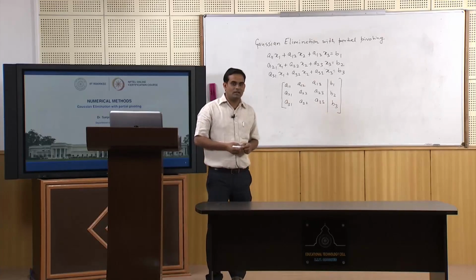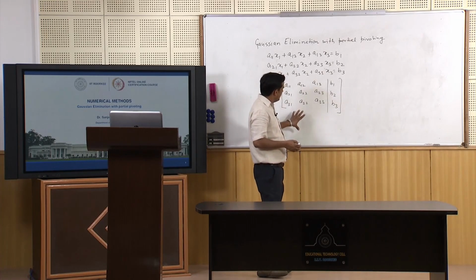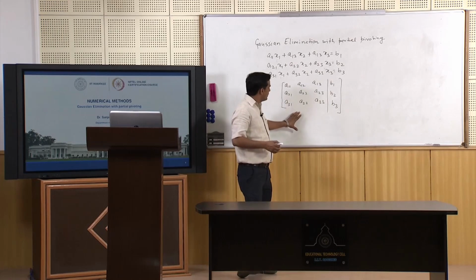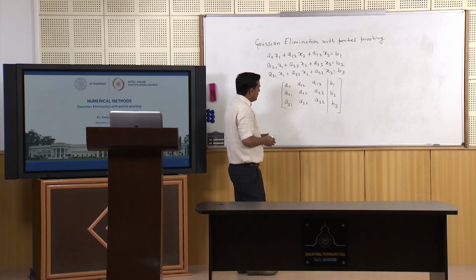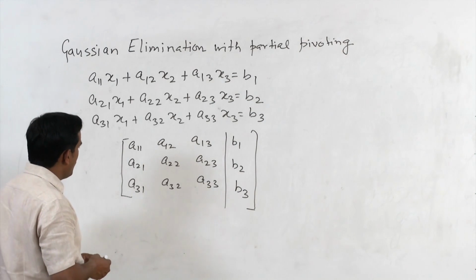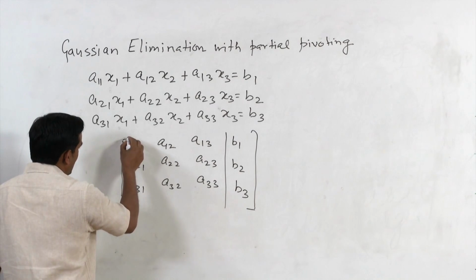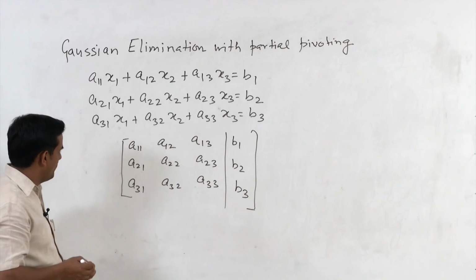In Gaussian elimination we perform elementary row operations on this matrix in such a way that it reduces into row echelon form. In Gaussian elimination with partial pivoting, first of all we search for the element having the maximum absolute value in the first column.